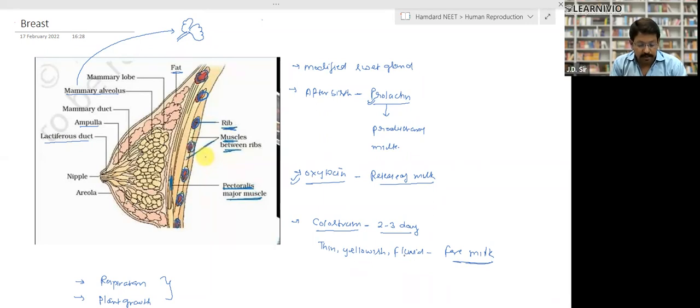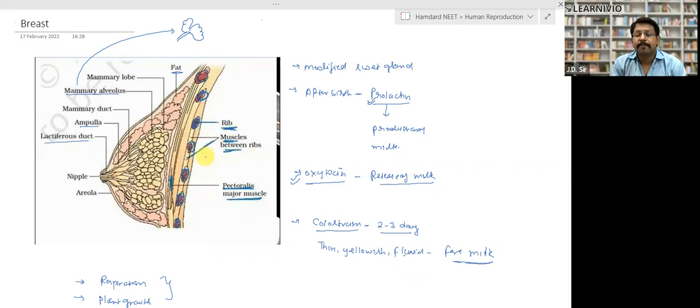The lactiferous duct helps in secretion of milk. Full stop.